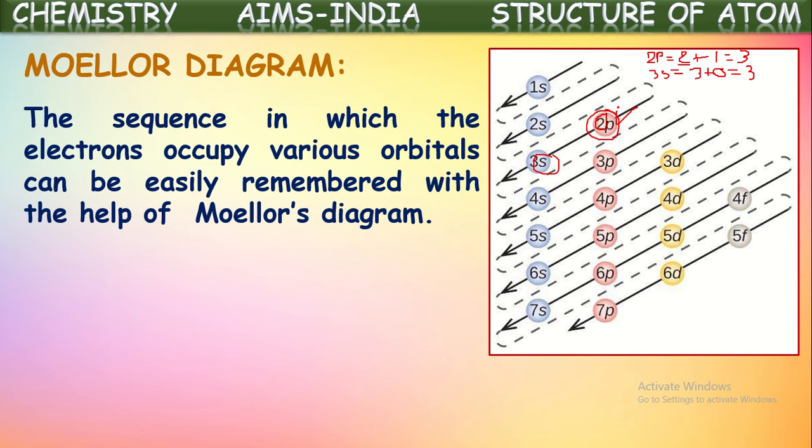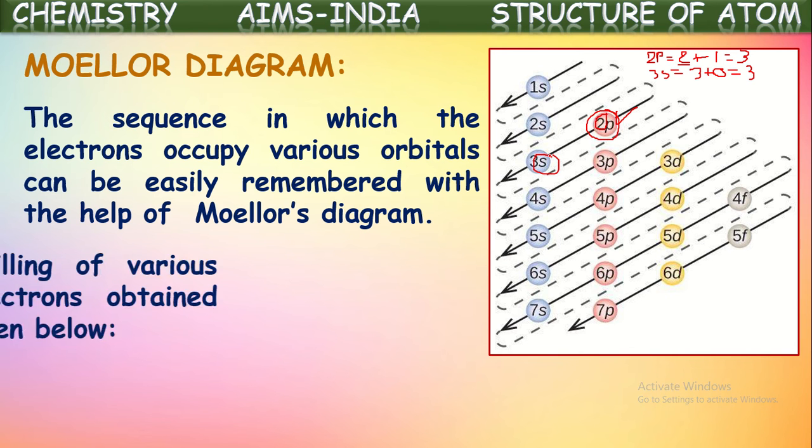After filling this completely with the electrons, then electrons enter into the 3s orbital. Okay, in this way it is giving a clear idea of filling of electrons into different orbitals. So the sequence of filling of electrons into orbitals is shown clearly with the help of the Moeller diagram here. Did you understand? Okay, fine.